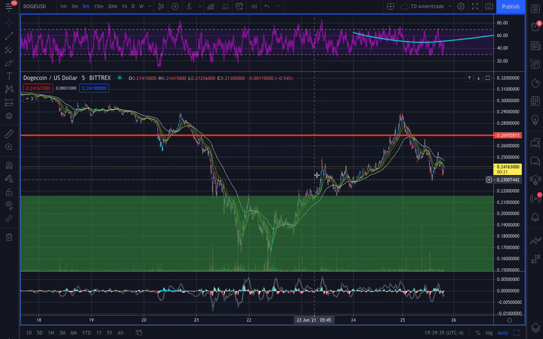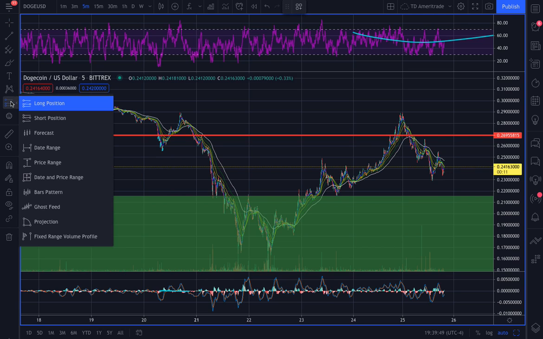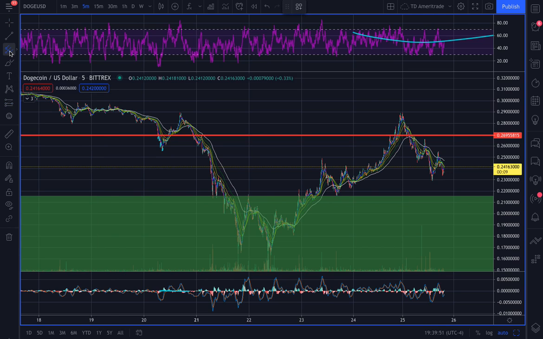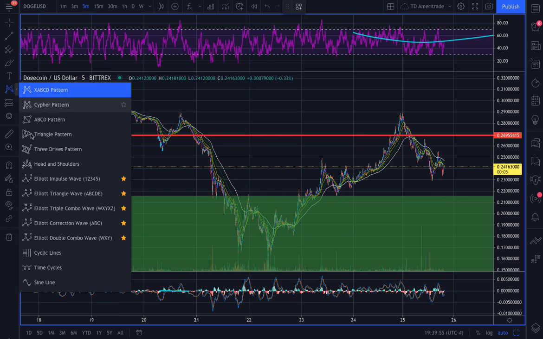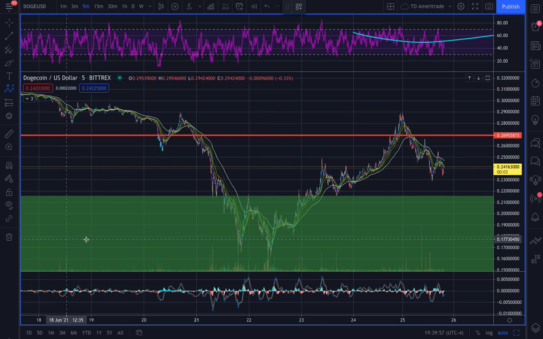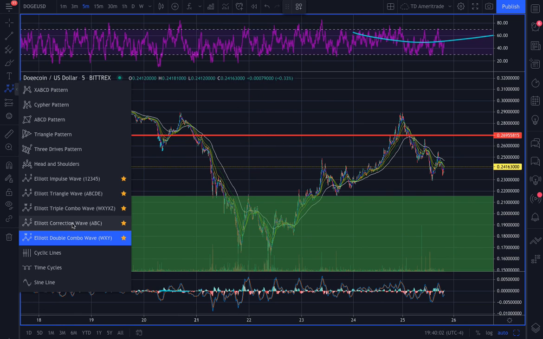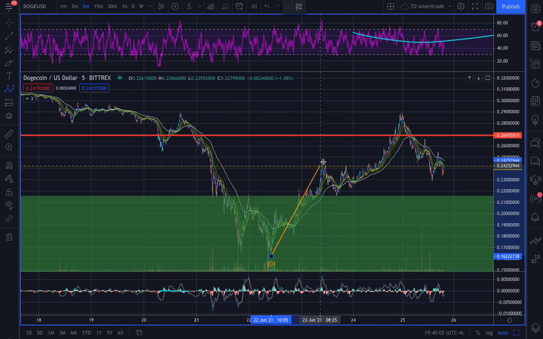This looks like 3 waves that were done going on the way up. If I can ever figure out where the tools are. So this could have been an ABC, since I do see kind of 5 waves right there.